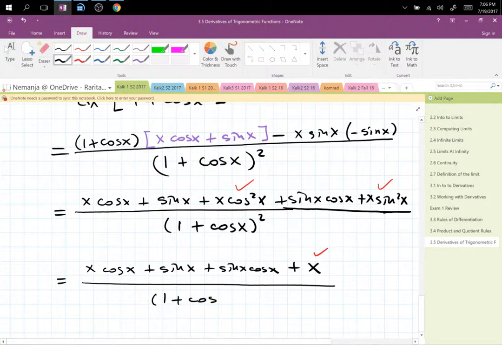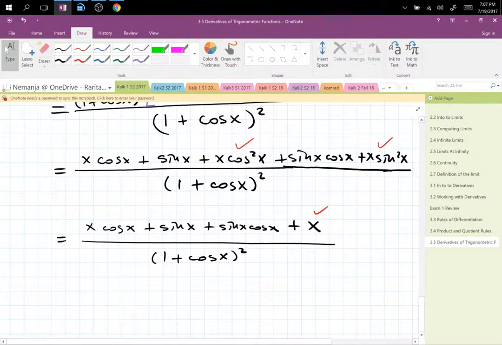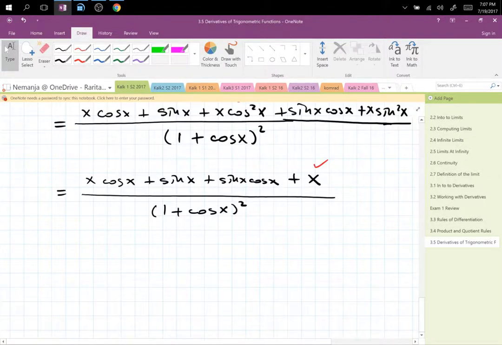1 plus cosine x squared. There is really nothing else significant we can do here. Well, actually, wait. We can factor out x and have 1 plus cosine x, and factor out sine. Look at that, you get 1 plus cosine x.